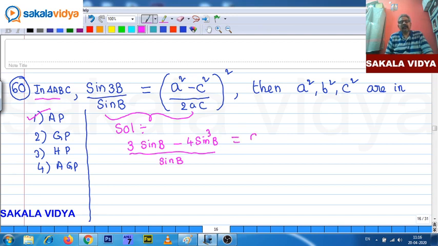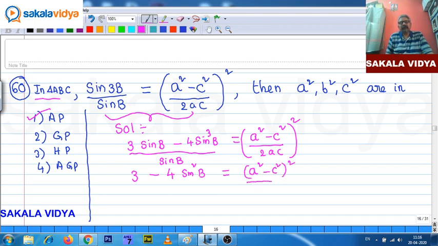This equals, we can write, a square minus c square upon 2ac whole square. Don't disturb it. You keep this as it is. Let it be simplified. 3 sine b by sine b, sine b cancel. We have 3 minus 4 sine cube b by sine b, that is 4 sine square b, equals a square minus c square whole square upon 2ac whole square, which is 4a square c square. This is the second step.